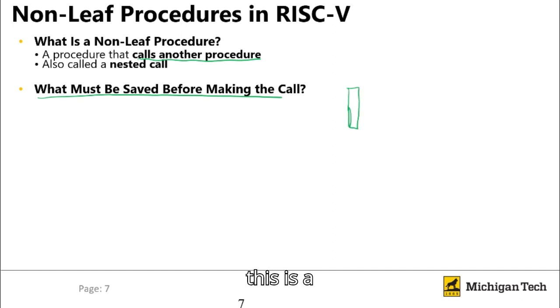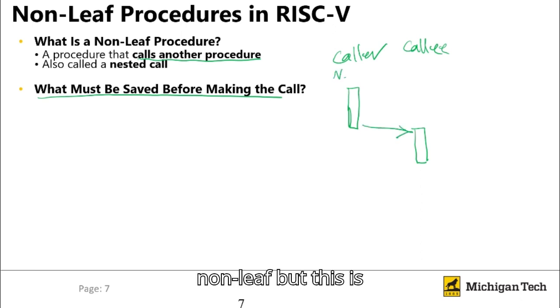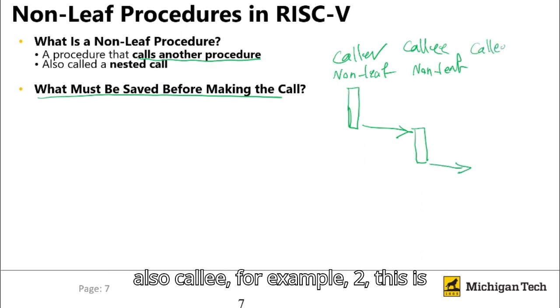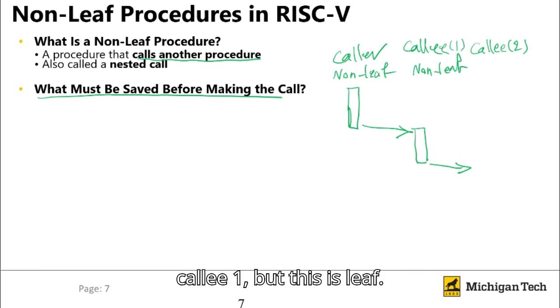So this is the caller, this is the callee, but this is non-leaf, callee but non-leaf too. And this calls another one that is also a callee, for example callee 2, and this is callee 1, but this is a leaf.